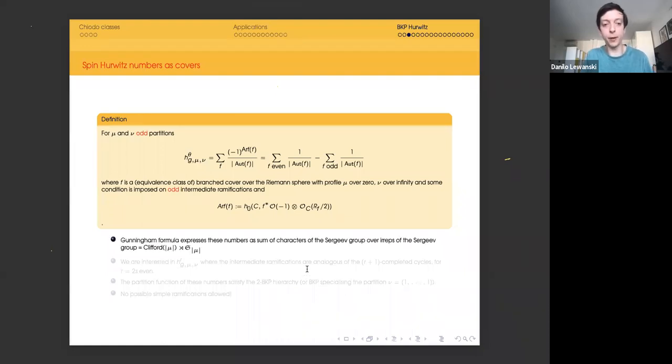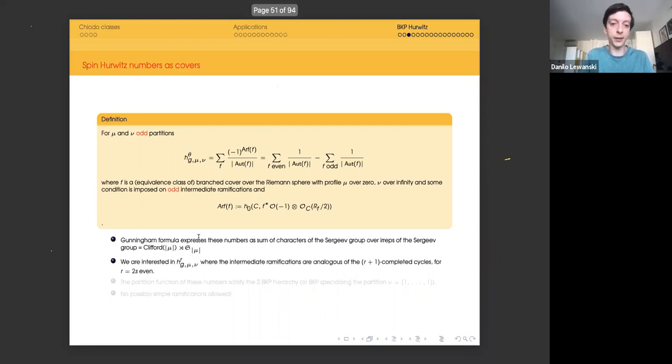The substitute of Frobenius formula is Cunningham formula. And this expresses these numbers as sums of characters of the Sergeyev group over irreducible representations. And the Sergeyev group is given by the Clifford group on which the symmetric group acts by permuting the generators.